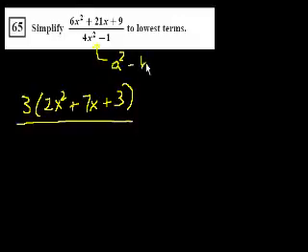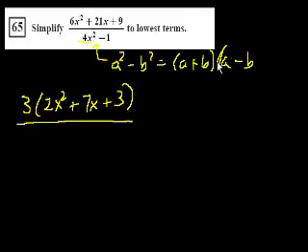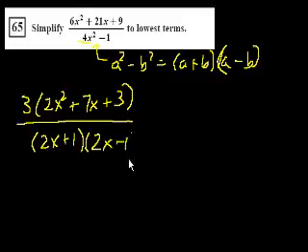This is something squared. 4x squared is 2x squared. And then 1 is obviously 1 squared. So we could write this as a plus b times a minus b. And what that would be, 2x plus 1 times 2x minus 1. Right? 2x squared is 4x squared, and 1 squared is 1.